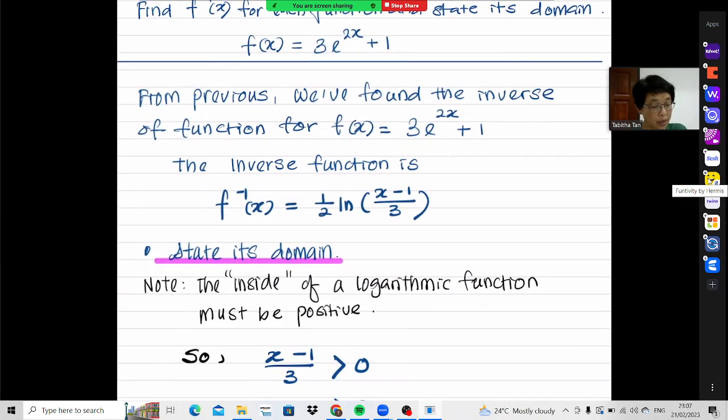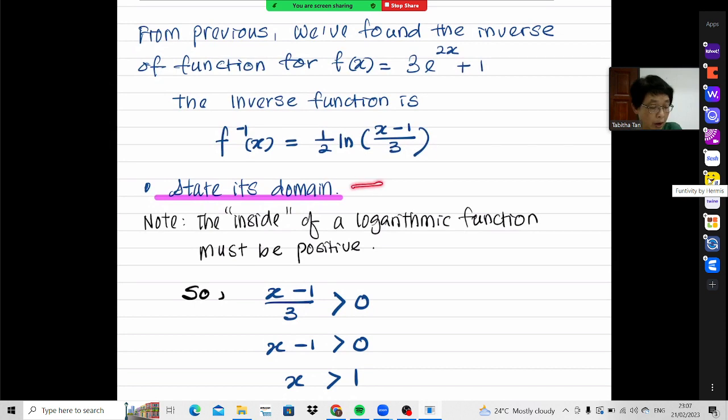Okay, so I've stated there from the previous slide, we have found the inverse of the function for this exponential. And then we have also concluded that the inverse of the function is a logarithmic function. Now we want to find its domain, and we want to bring to our remembrance that the inside of a logarithmic function must be positive, and that is the idea that we're going to use to find the domain.